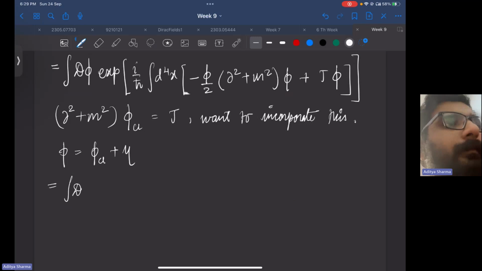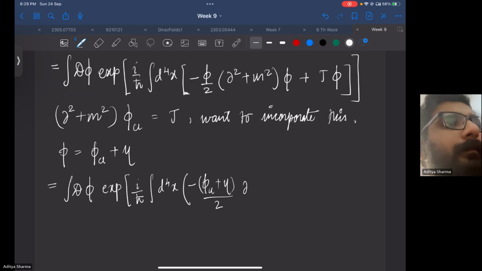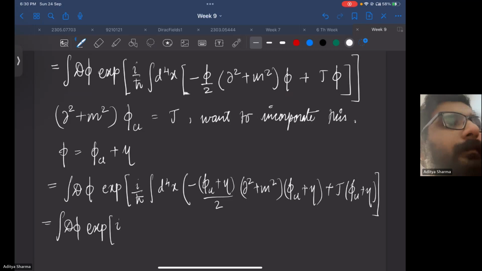Therefore, our integral, which is this, becomes: phi classical will give j.